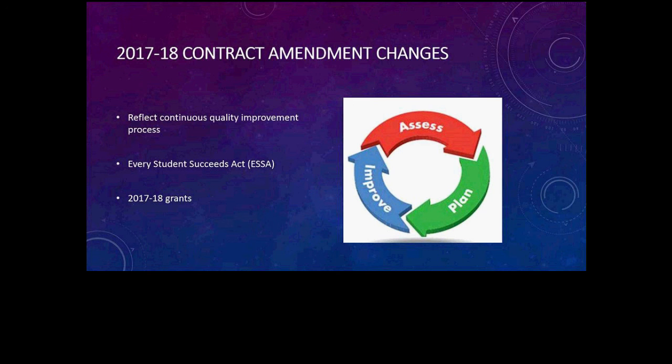Okay, so as part of our continuous quality improvement process, we expect, this being the first year of this process, that we'll have some changes. We'll have an amendment for 2017-18, reflecting lessons learned as part of not only continuous quality improvement, but changes with the Every Student Succeeds Act, and also changing levels or a number of grants for our 2017-18 grants, so our 21st Century competition that's coming up, and any kind of ACES universal application cycle.